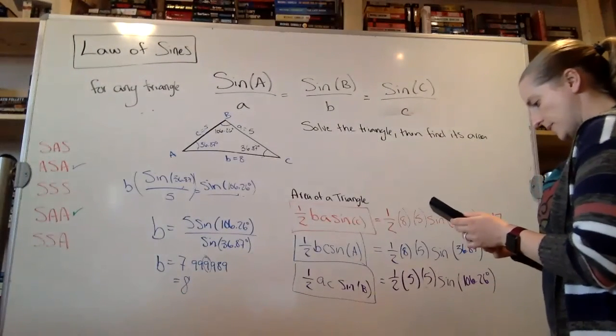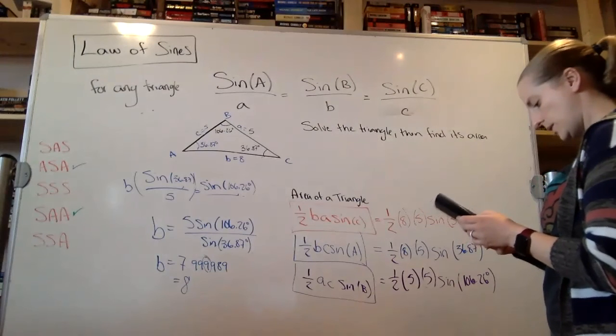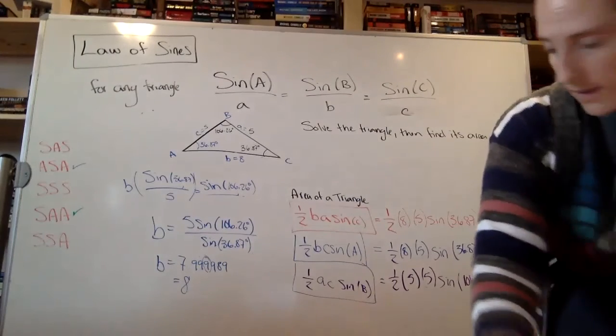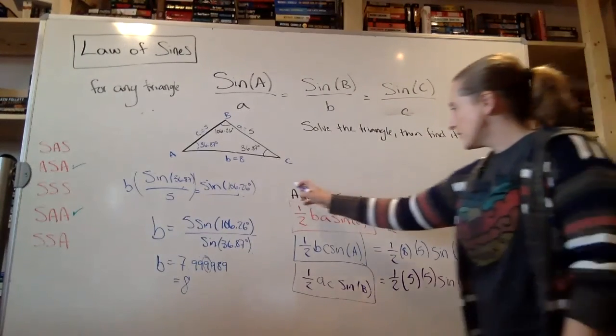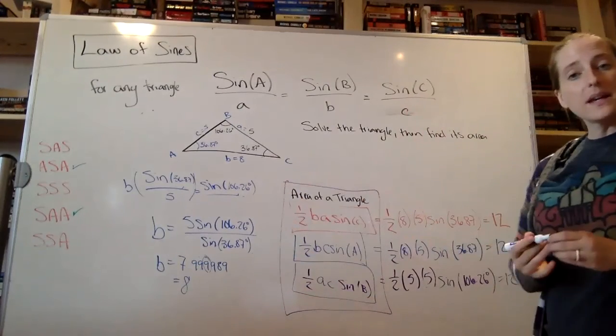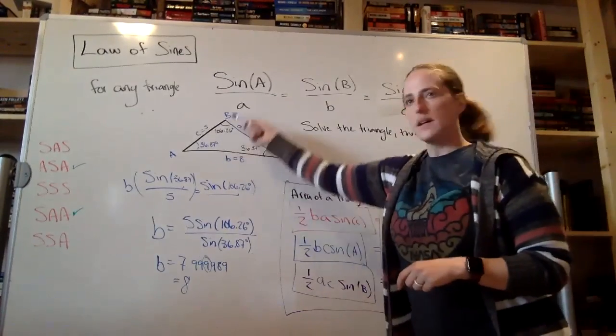So 0.5 times 5 times 5 times sine of 106.26 gives me 12.00001. We didn't break math. So these formulas, and you don't have to do all 3, you could just pick one, are another way to think about the area of a triangle, especially if you don't know the height of your triangle.